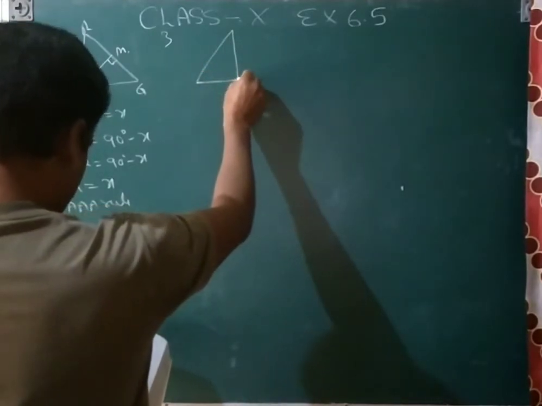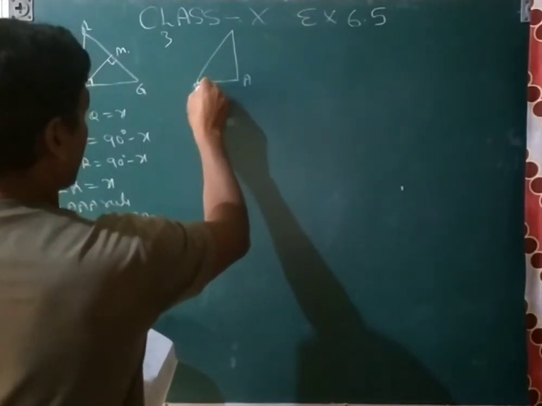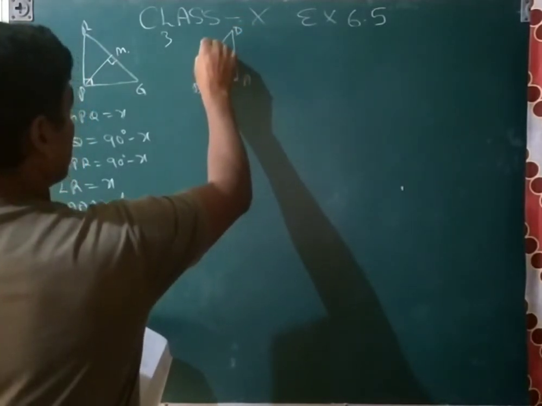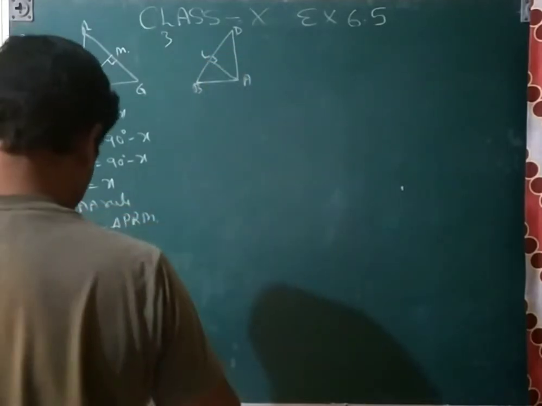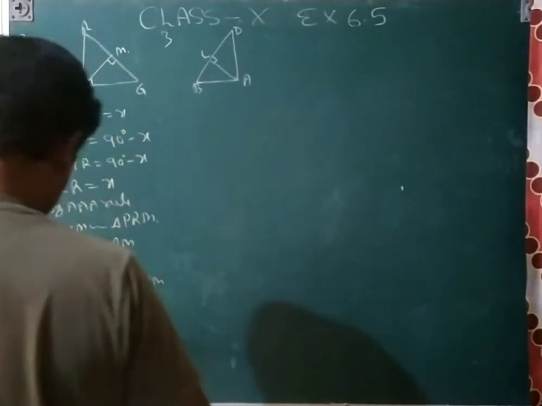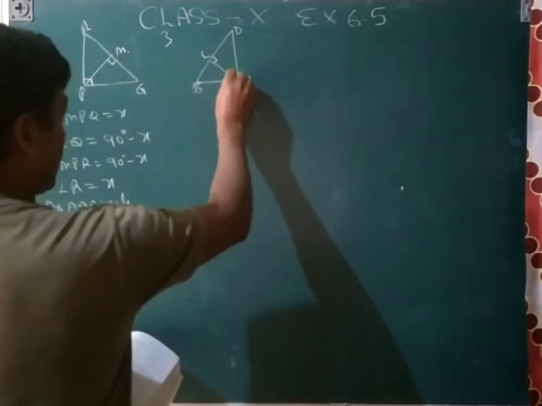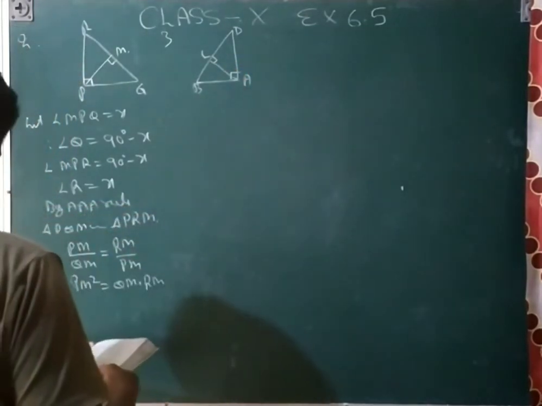Next, the third question. I think the diagram is given here: A, B, D, and this perpendicular is C. The triangle is right angled at A, so A is also 90 degrees, because this is a right angle triangle.